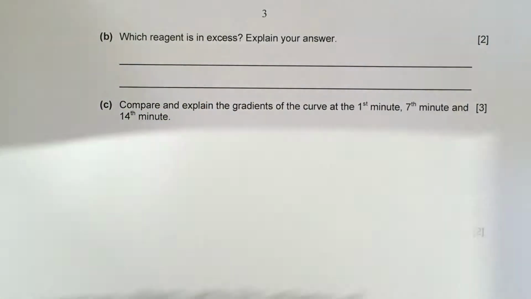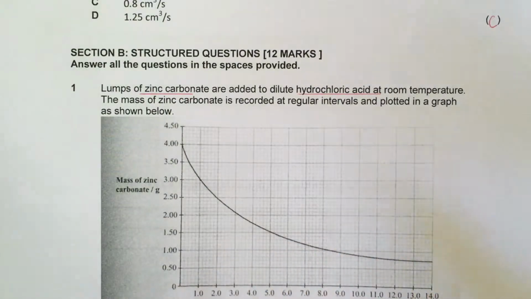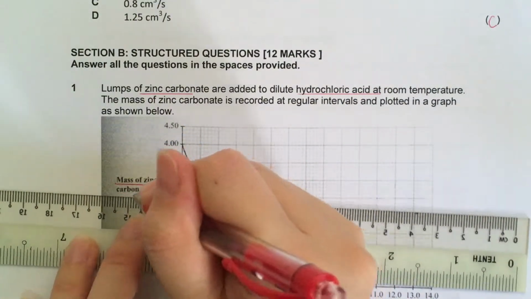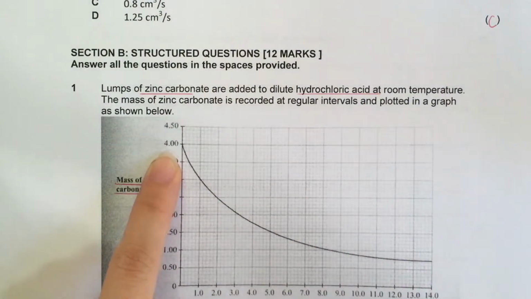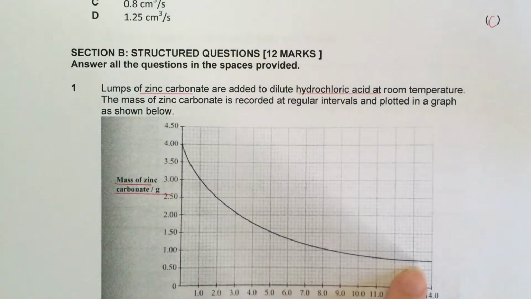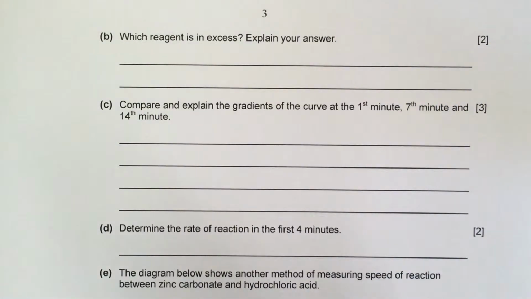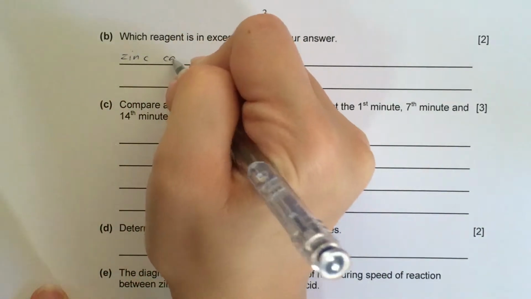Okay, part B. Which reagent is in excess? So when you look at the graph, what's happening here is this graph is showing you the mass of zinc carbonate. So the mass is decreasing because it's reacting. But at the end of the experiment, you realize there's still zinc carbonate left over, which means zinc carbonate must be the one in excess because there is zinc carbonate left at the end of the experiment.